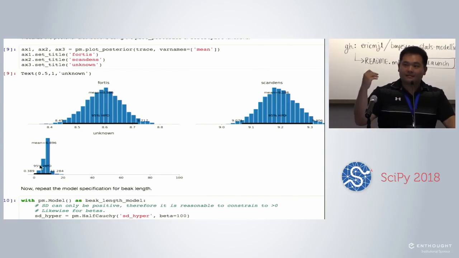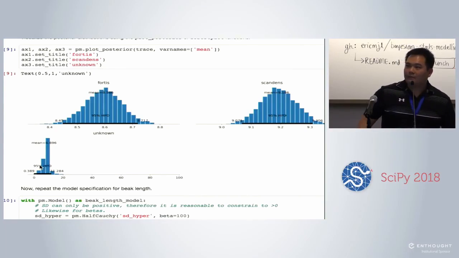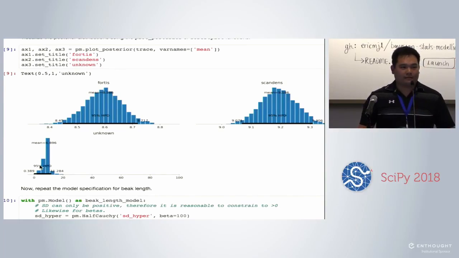Scale matters in the data, but more importantly, I saw this thing on Twitter from Mike Betancourt again. Very rarely will you be able to use a mathematical procedure to definitively say my model is correct. One, because of George Box's statement that all models are wrong, but some are useful.